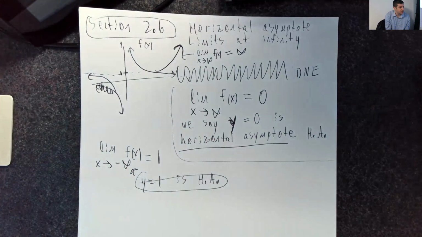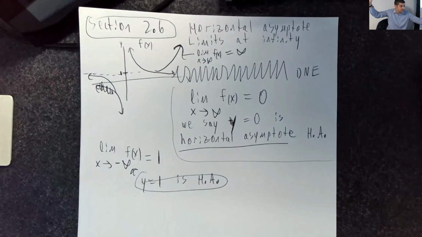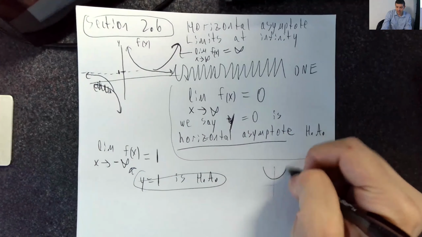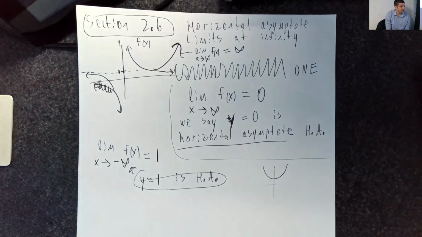Can we have no horizontal asymptotes? What would you need to do to make no horizontal asymptotes? Make the right of the graph go towards, let's say, infinity, and make the left of the graph go towards anything but a number. So you could do something like this. No horizontal asymptotes. Left and right infinity.